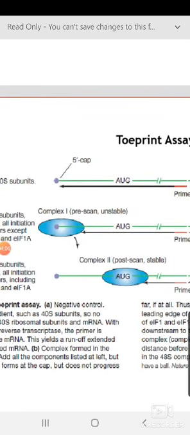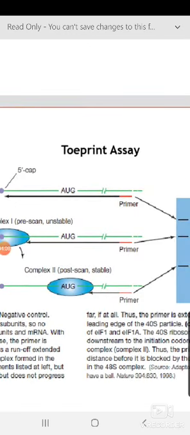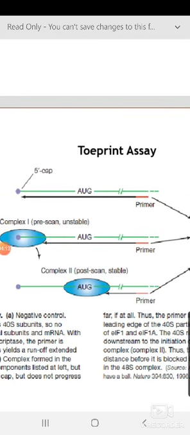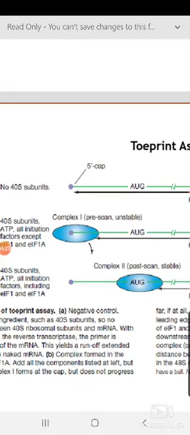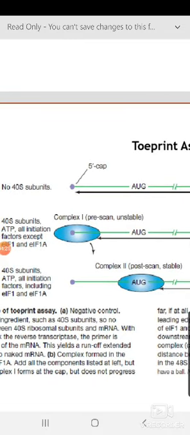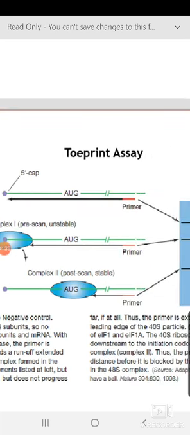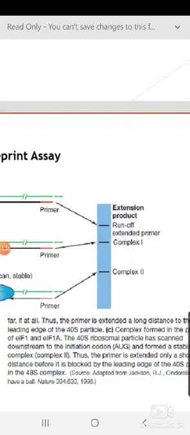Once the reverse transcriptase acted, the primer extended up to the point where it could get its template, and they found that the length of this cDNA, compared with the previous one, is smaller.